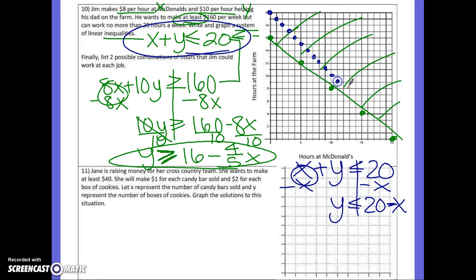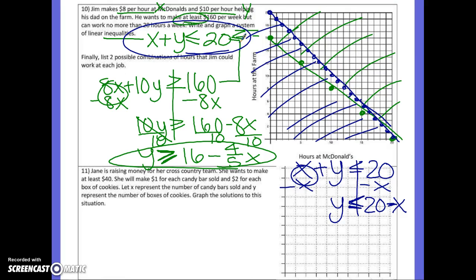And it is equal to, so we are going to draw a solid line because it is equal to. And my green line isn't as straight as it should be, but there we go. And it is less than, so everything less than the purple would be a solution to that, the hours. All those hours are less than or equal to 20.